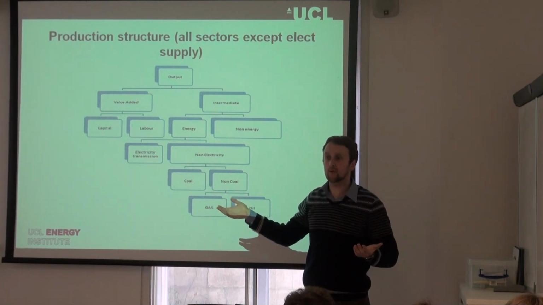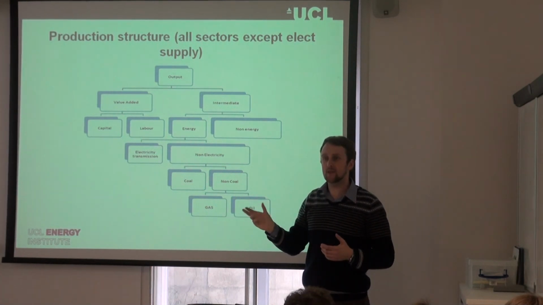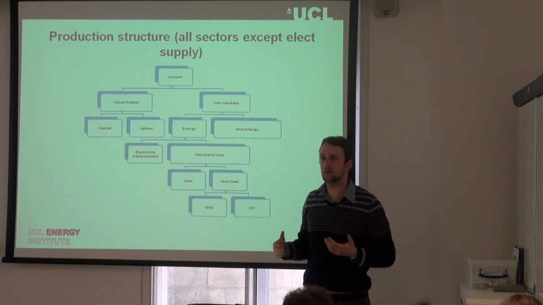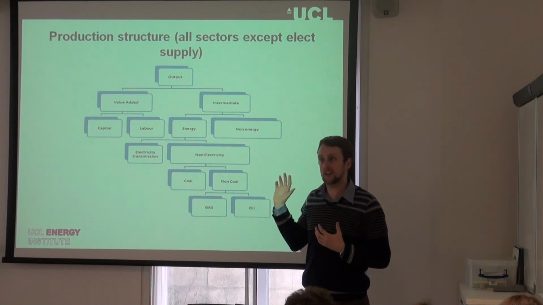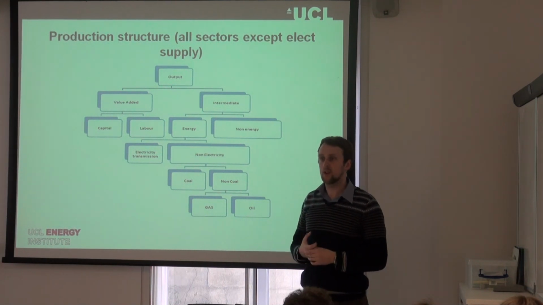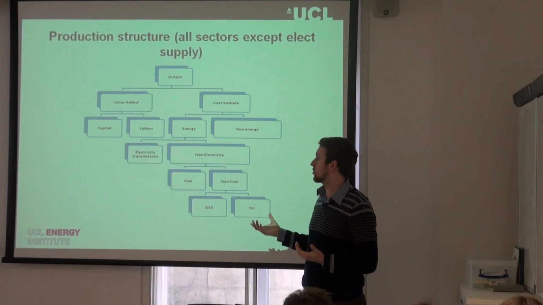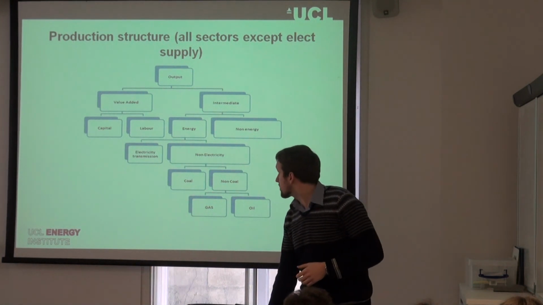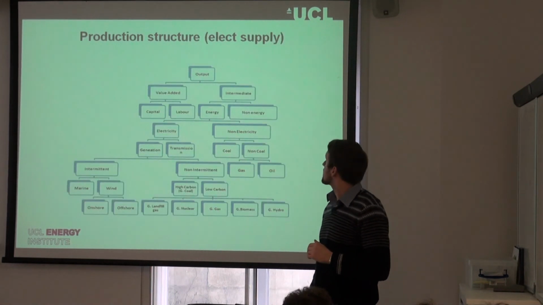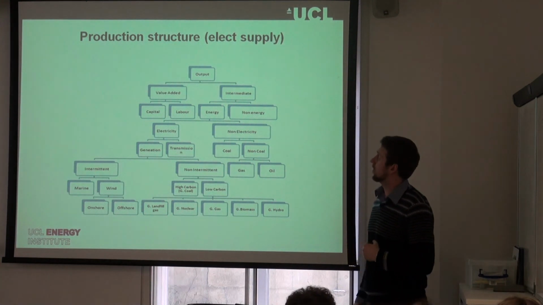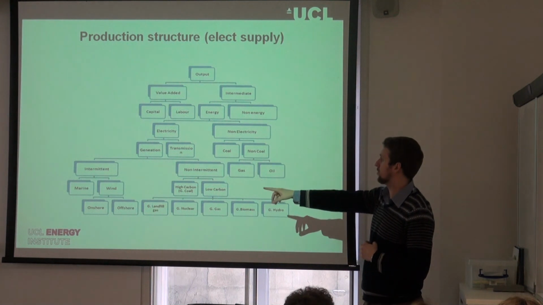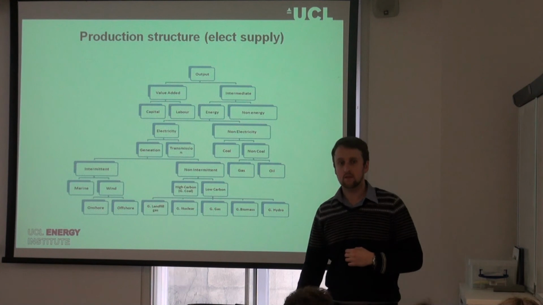Normally the models don't even include a differentiation between the types of electricity. You've just got an electricity sector and that's it, and nobody has to worry about it. But trying to incorporate some sort of realistic electricity sector within this model, I basically assumed that every sector purchases from an electricity transmission sector, but that the electricity supply sector has a more complicated production structure, where it is able to purchase from all of the other technologies.